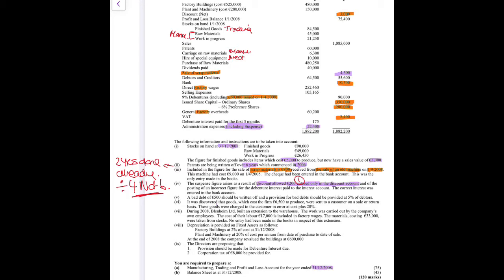Okay. The second problem is then posting of an incorrect figure for debenture interest paid to the interest account. Okay, so that is what I've said up here when we're going to have the wrong figure for the debenture interest. Basically what happened was the correct amount of interest was entered into the bank account.